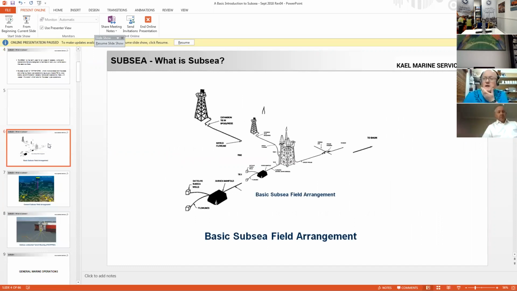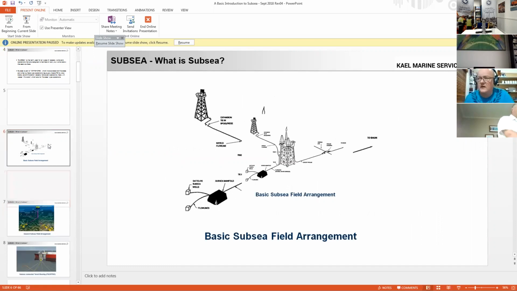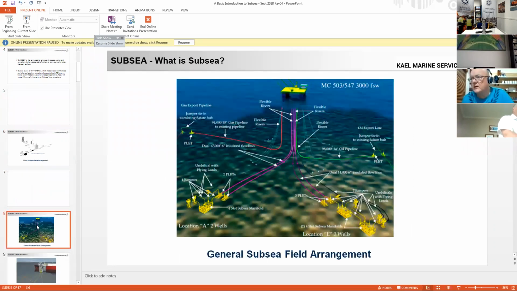Okay, a basic subsea field arrangement showing flow lines, subsea manifolds, risers, two platforms. And that one's a little bit clearer, outlines various different pieces: pipelines, export pipelines, jumper leads, PLETs, that's pipeline end terminations, subsea manifolds.